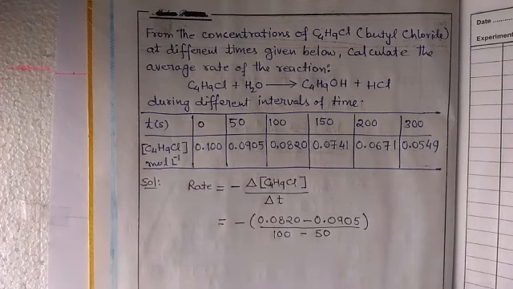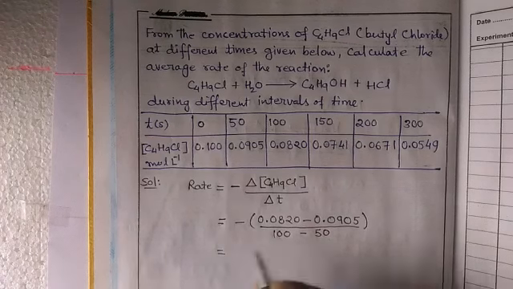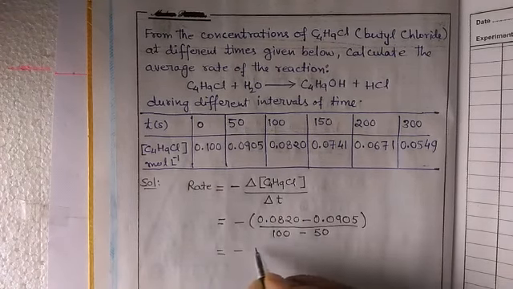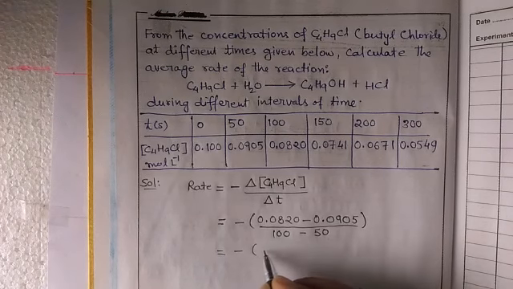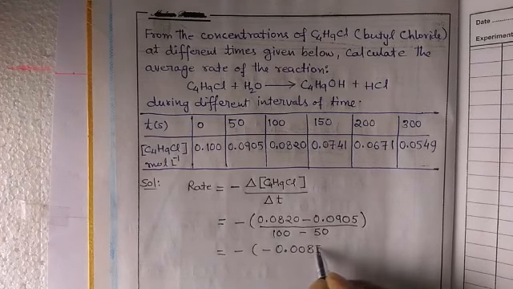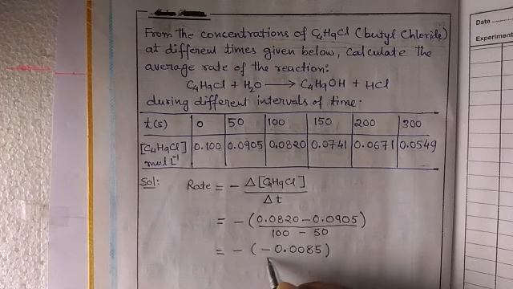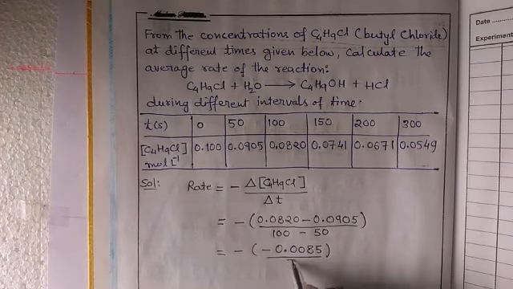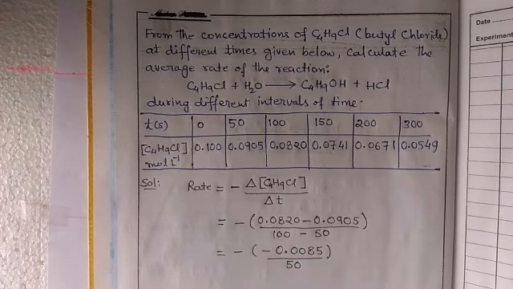Now after subtracting these two values and these two, let's keep negatives with us, and this value will be minus 0.0085, and the value is 100 minus 50.